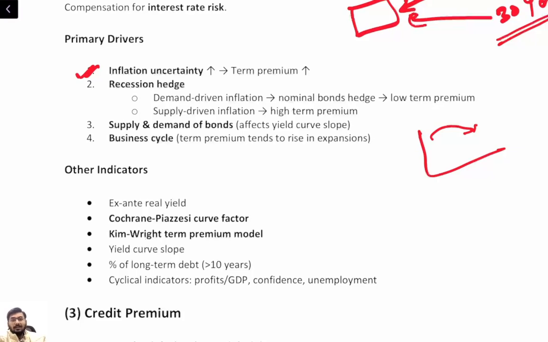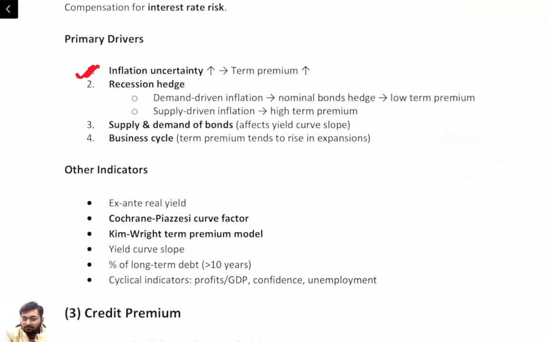Now let us understand the second primary driver, that is your recession hedge effect. See, this is slightly tricky, so I'll try to make it easier for you to understand. Over here, we are going to look at two aspects. One is the bond returns, something which we are already discussing, and second is economic growth.